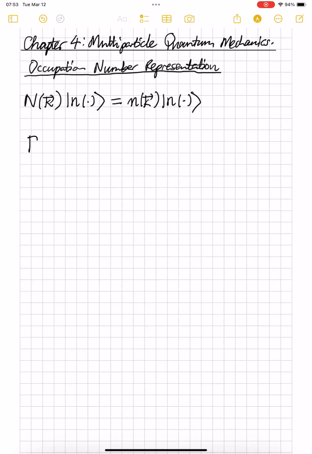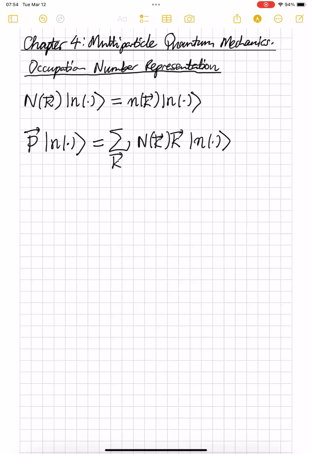The momentum operator acting on the occupation number ket can be written in terms of N. It's given by a sum over all of the discrete momenta of the number of particles of momentum K multiplied by K. If I now allow the operator N of K to act on the state n, the only operator here is N of K, and K is just a number.